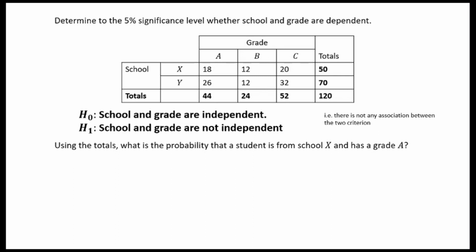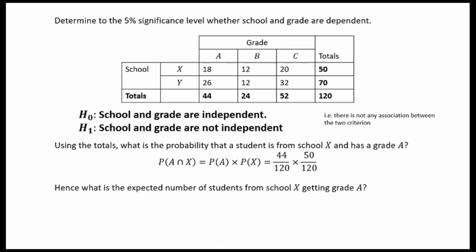So, if we wanted to find the probability of getting an A grade at school X, since they're independent, we know that the intersection of A and X is going to be the probability of A multiplied by the probability of X. So that's 64 over 120 multiplied by 50 over 120.